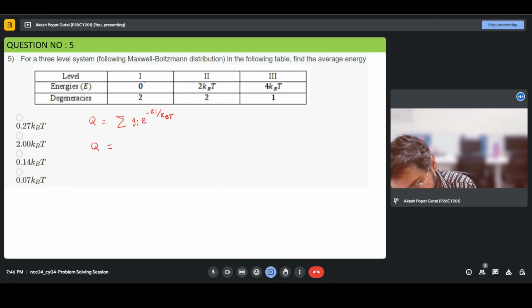The first level has energy 0 with degeneracy 2, plus the second level has degeneracy 2, with e raised to minus the energy, 2 kBT, plus the third level has degeneracy 1 with energy 4 kBT.